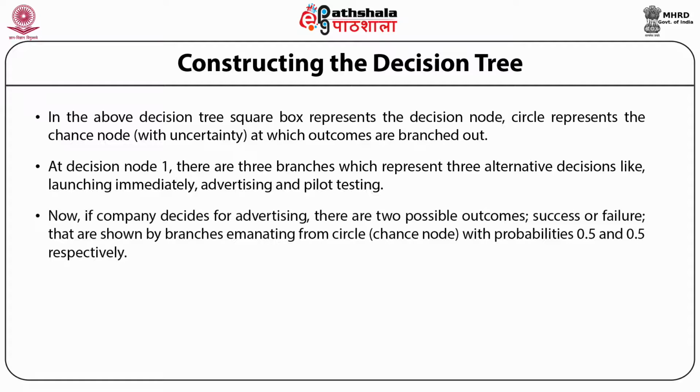Now, if the company decides for advertising, there are 2 possible outcomes. It could be a success or it could be a failure, shown by the branches emanating from the circle, known as the chance node, with probabilities 0.5 and 0.5 respectively.